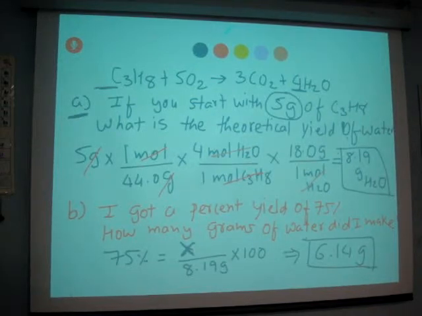This is the theoretical one. You need to find X, that is the experimental yield, the actual yield. When you plug that into this formula and solve for X, you get 6.14 grams.